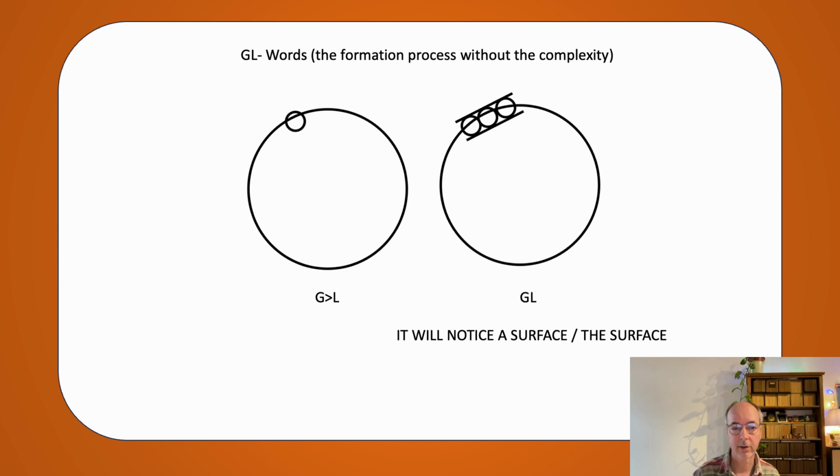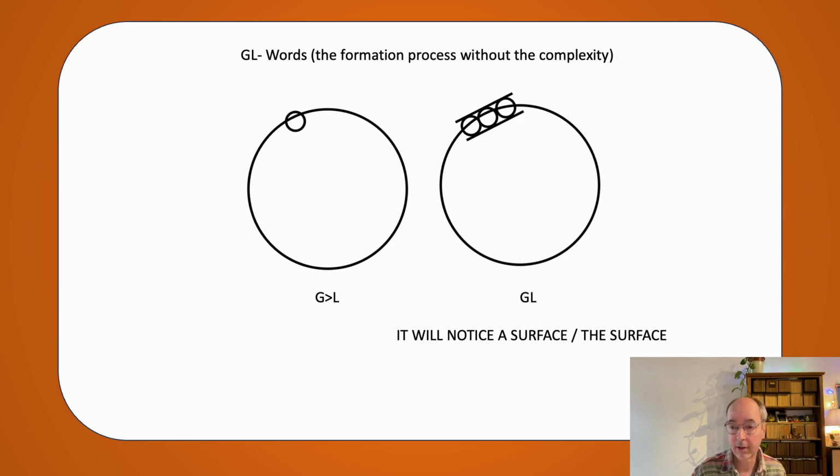So for instance, if I want to express the G, I'll have a surface, and then very far away in the surface, I have a small detail there. That's the G, a small surface, which is further away from where you are. And if you combine it with the L, the two-dimensional space, I will have a certain surface space that I can notice.